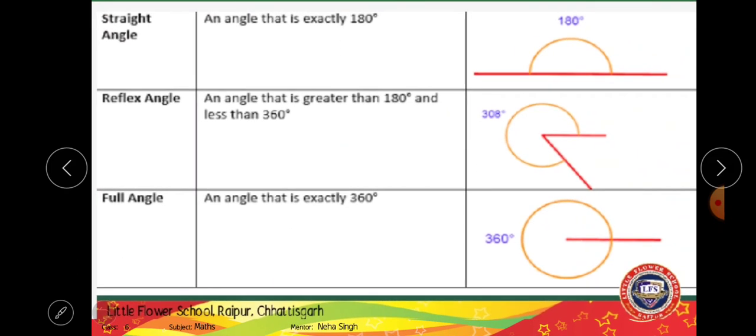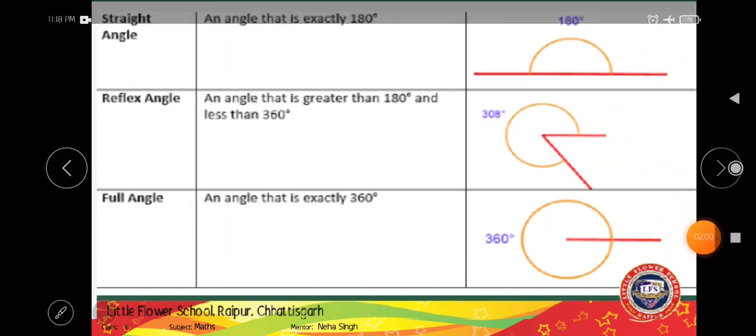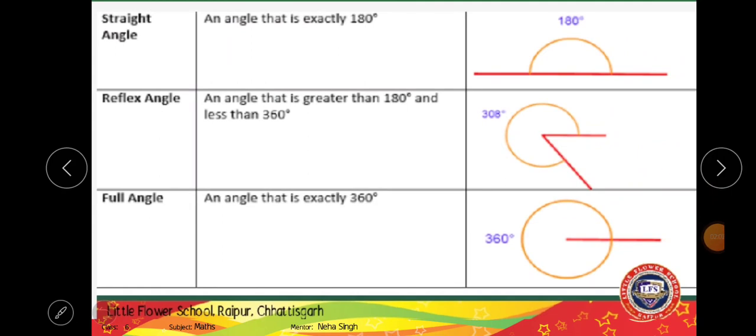Now coming to the next, straight angle. Straight angle means it is 180 degree, right? A straight sleeping line is a straight angle. Now reflex angle, what will it be? An angle which is greater than 180 degree but less than 360 degree. 360 degree is the complete angle or full angle, right?